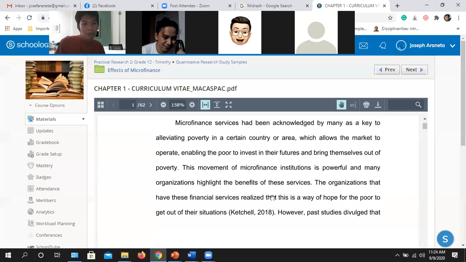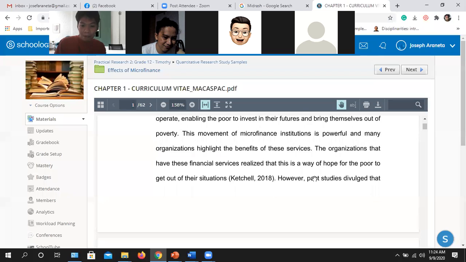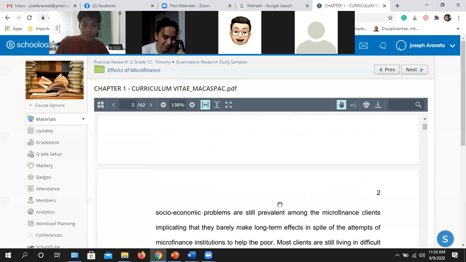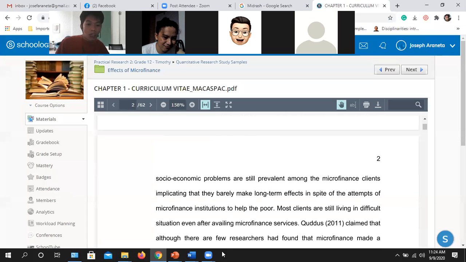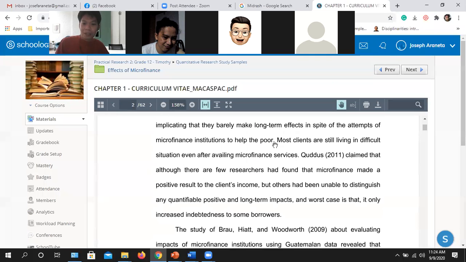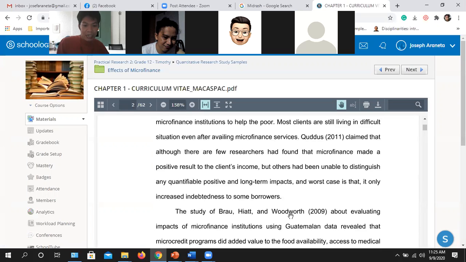If the main purpose of microfinance is to help people to solve their socioeconomic problems, bakit walang masyadong effect sa kanila? Socioeconomic problems are still prevalent among microfinance clients. So that's the idea that you need to provide in your move sa establishing a niche.